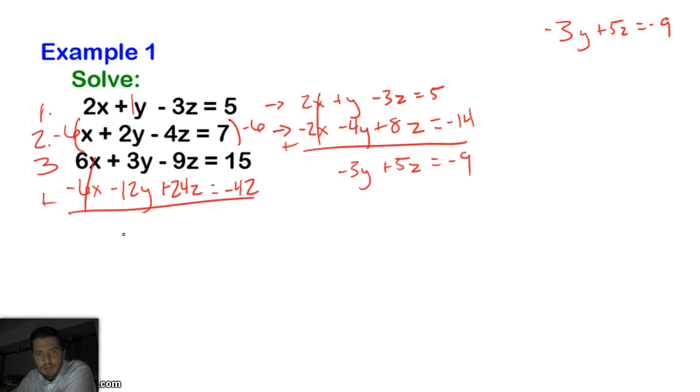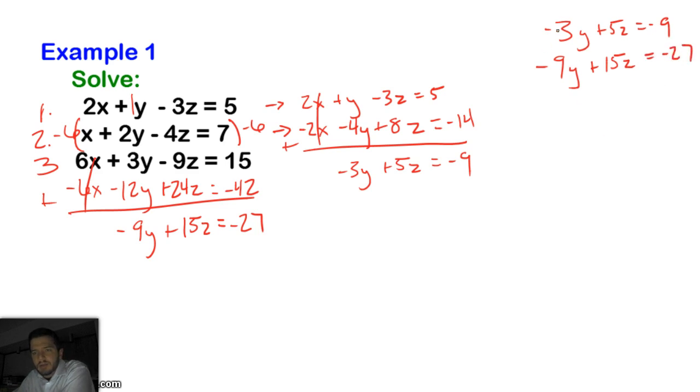So these will cancel, and you're left with -9y plus 15z equals -42 plus 15, which is -27, and there you go. So it's going to be -9y plus 15z equals -27.